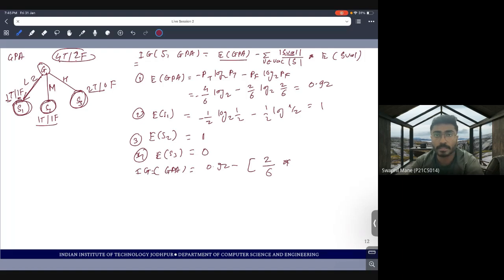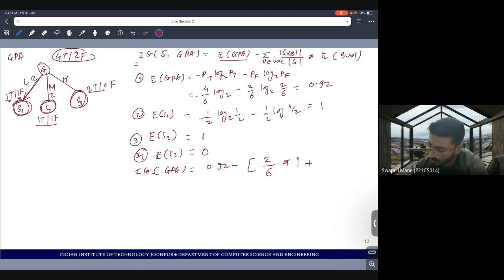Right, the entropy of S1 here we have to put, that is 1. Plus, here also two values come into this.